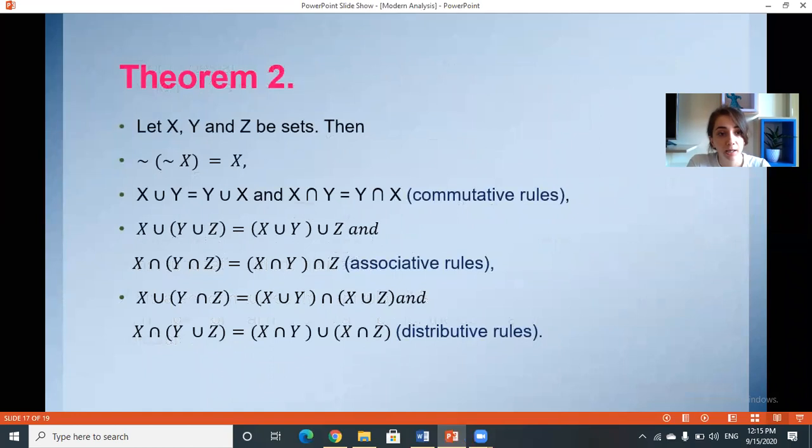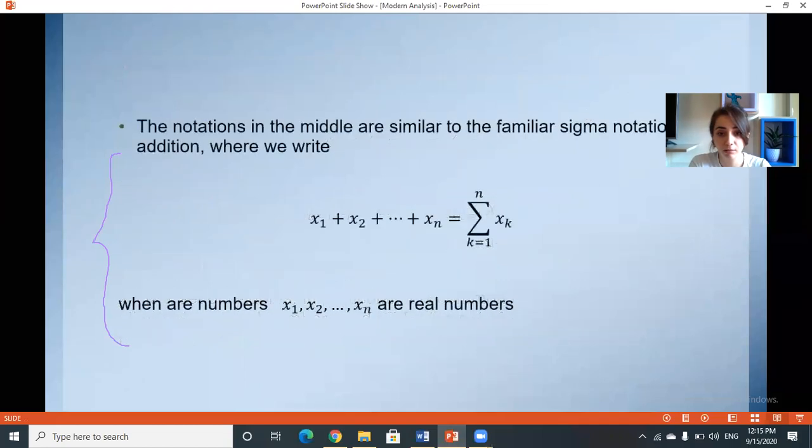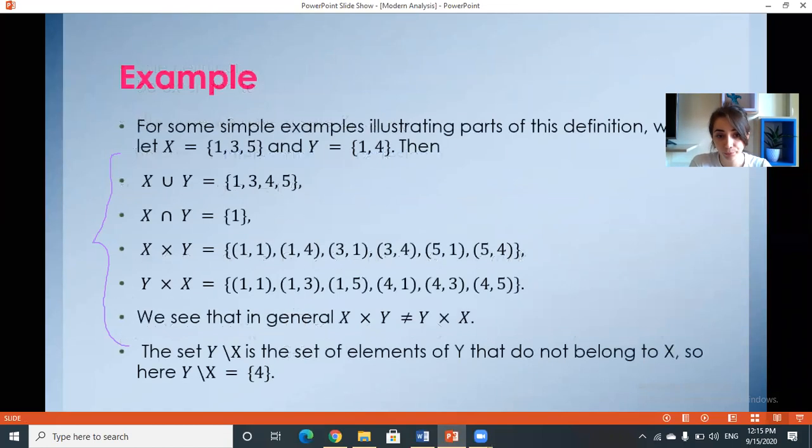Theorem. Let x, y, and z be sets. Then these laws are satisfied, okay? We learned it in our previous chapters. Let me recall for you.